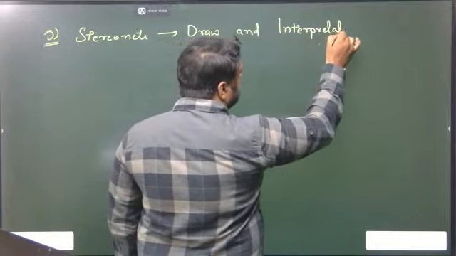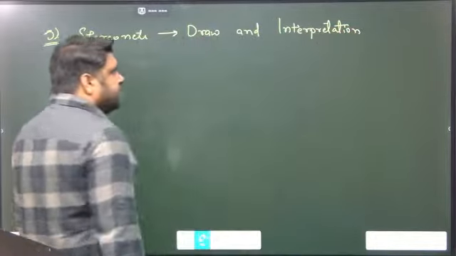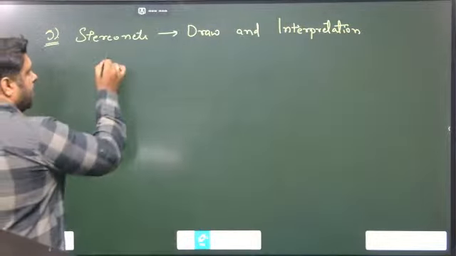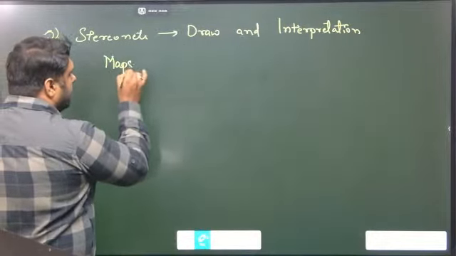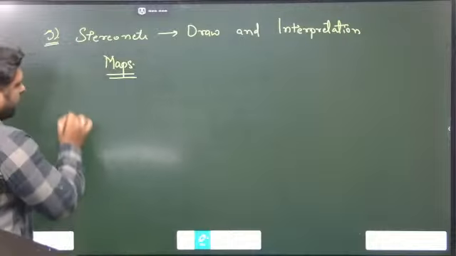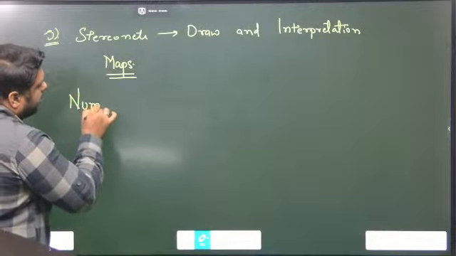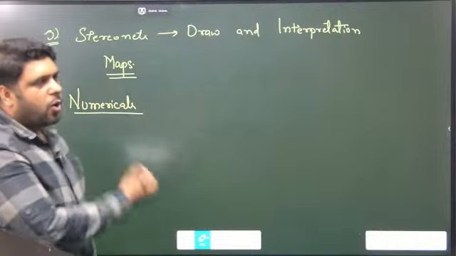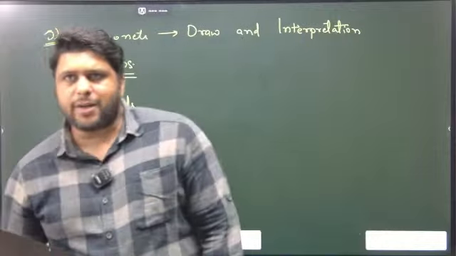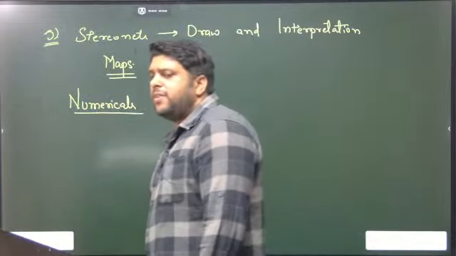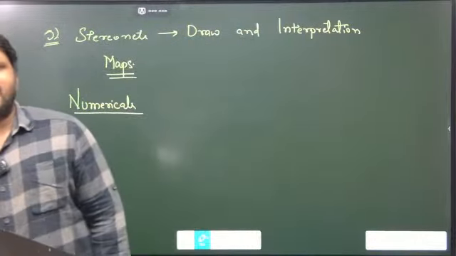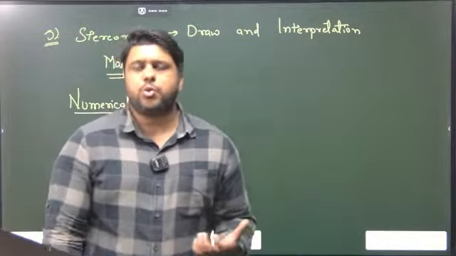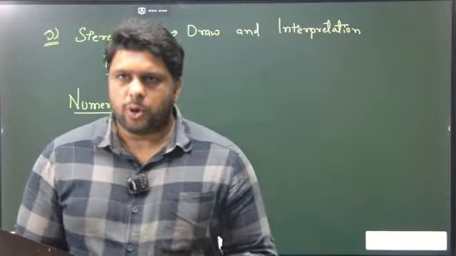After studying stereo nets, we will be studying some maps. And last, we will be solving numericals. Though I will be introducing numericals along with the subjects also, at the last we will be discussing the previous year numericals which have been asked. So this is the plan which we take to teach structural geology.